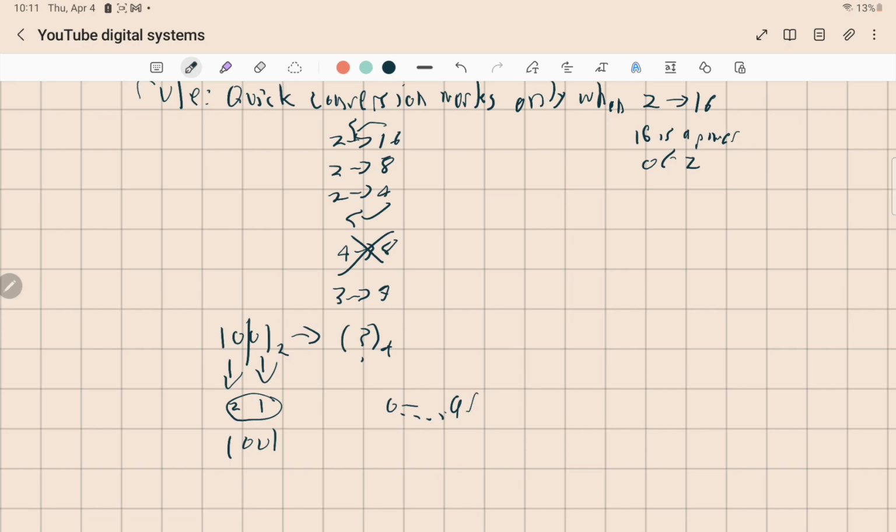And then it makes use of A, B, C, D, E, and F. So A represents 10, B is 11, C is 12, D is 13, E is 14, and F is 15.